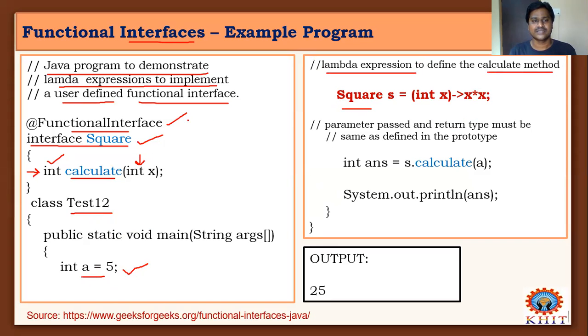Square is the interface name, and we created a reference variable of it. Through this reference variable we define the calculate method of Square, and in parentheses we give an integer value, and that integer value is multiplied by itself. Whatever number is given to this Square interface's defined method, its square is calculated, and this reference is used to execute this lambda expression.